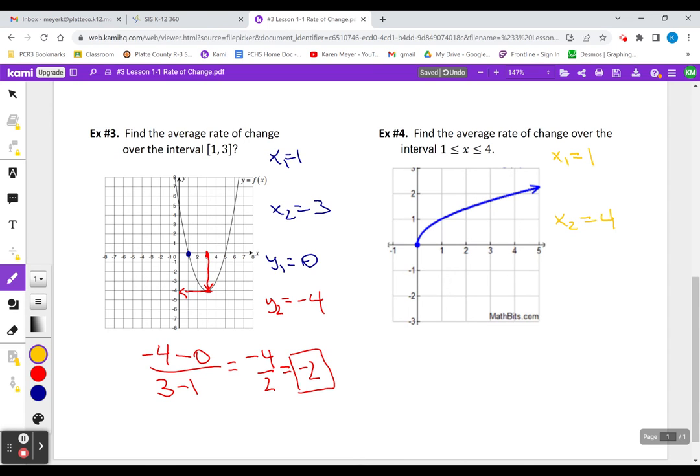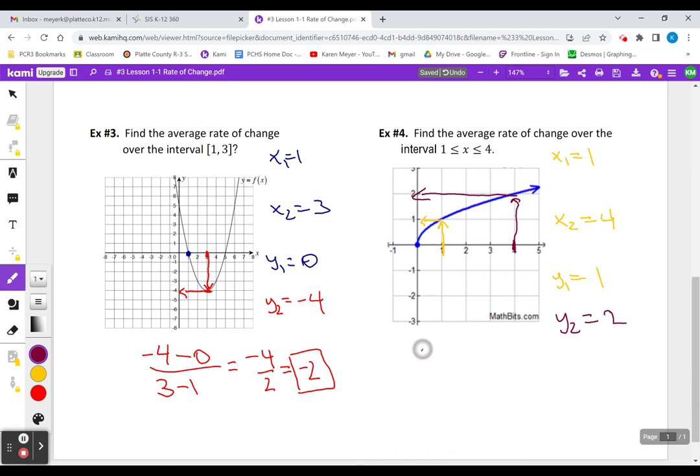So for y1, I go find 1 on the x-axis, and I have to go up till it touches my picture. And then if I go across, I'm going to have y1 as 1 as well. x2 is 4, so I find 4. Go up till it touches my picture. Go across, and I get the y value to be 2.